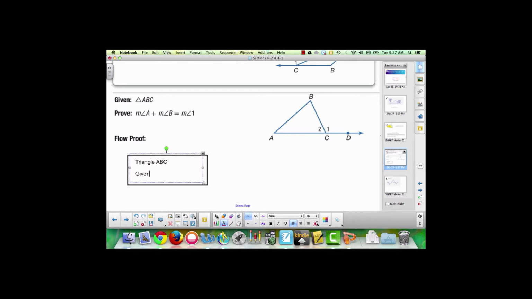Now, we recently learned that when I have a triangle, I know that the sum of the interior angles is 180. So the measure of angle A plus the measure of angle B plus the measure of angle 2 must be equal to 180 because of the triangle angle sum theorem. So I'm going to make an arrow coming out of that box because my next box will be a conclusion based on the fact that I have a triangle.